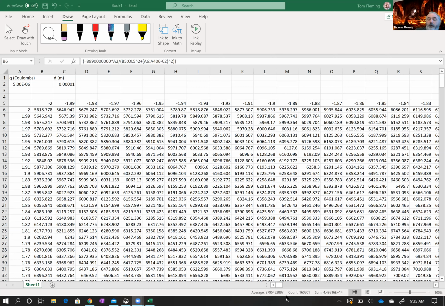So what's going to happen is we've got a sheet. We've calculated the electric field everywhere. Now I need to do the same sort of thing, but this time I want to find the electric potential everywhere. Same difference. So what's going to happen is I've got that sheet that I've labeled the electric field.